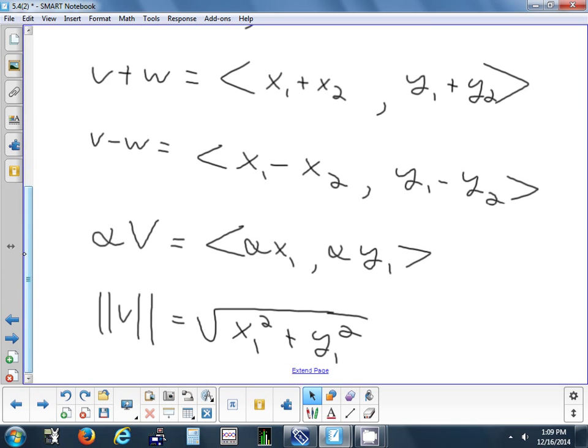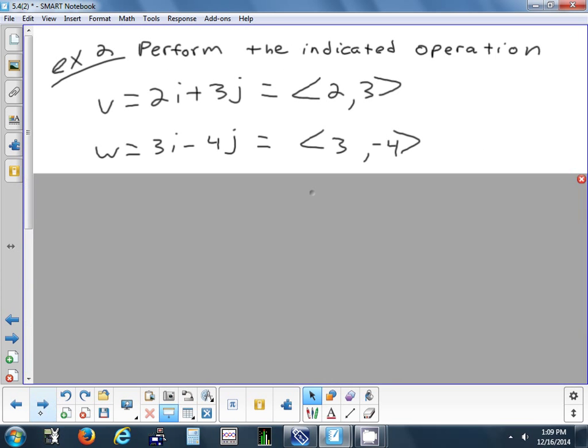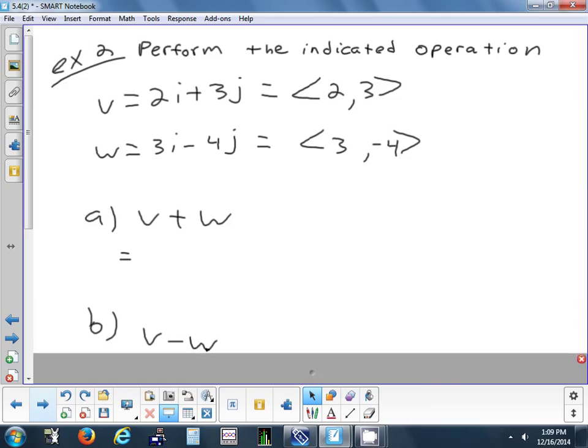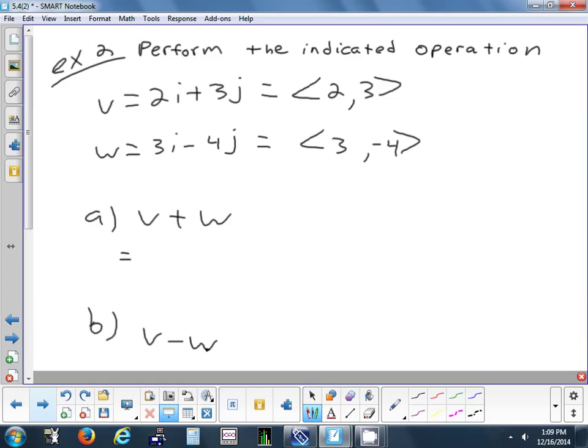All right. So let's try a couple different problems. Let's try v plus w. First we'll write it with unit vectors, then we'll do it with the angle brackets. Anyone think they could tell me what the i component will be when you add v to w?